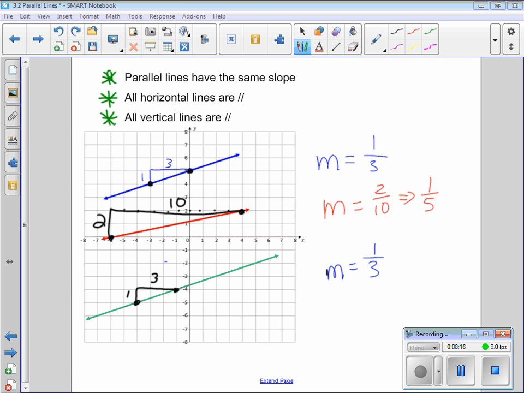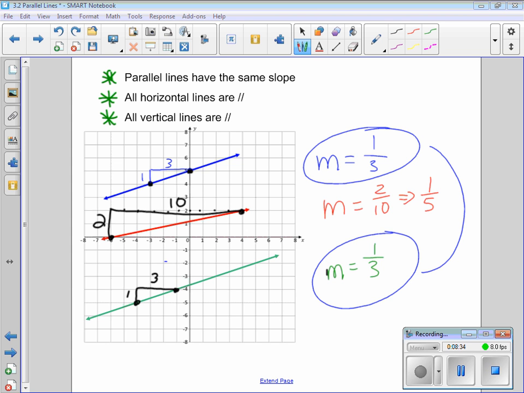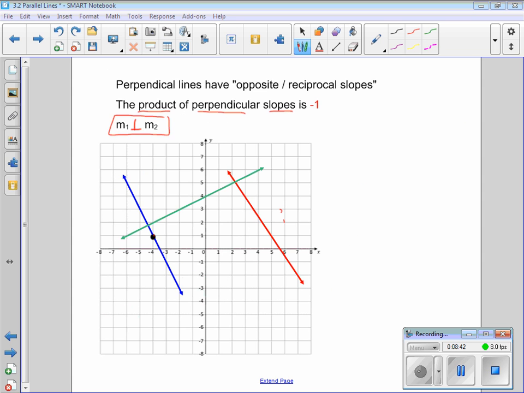I noticed that this slope and this slope are the same. Now I'm going to change that one to green so it's easier for us to see. The blue line and the green line have the same slopes. What I now know is these two are parallel. Whenever 2 lines have the same slope, they're parallel.